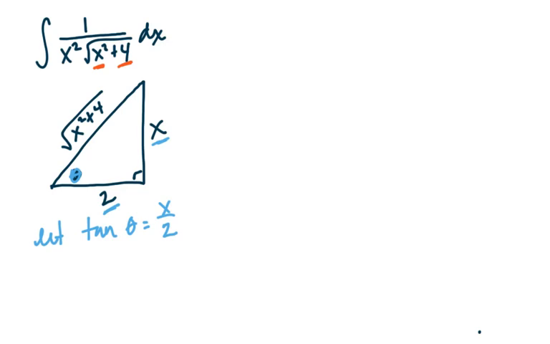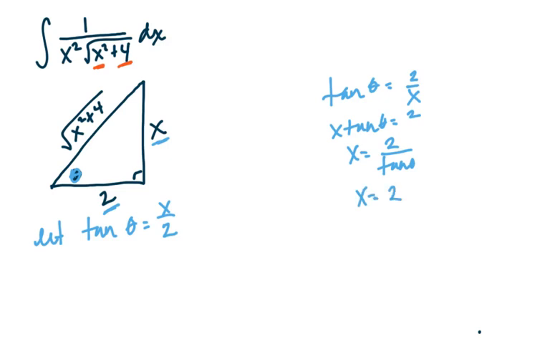You could solve that if you had tangent theta equals 2 over x, then x tangent theta equals 2, and x equals 2 over tangent theta. It's harder because you're working with cotangent, and I don't work with cotangent as well as I do tangent. Most people don't. I prefer tangent. So I drew my triangle so that I could have tangent equals 2 over x.